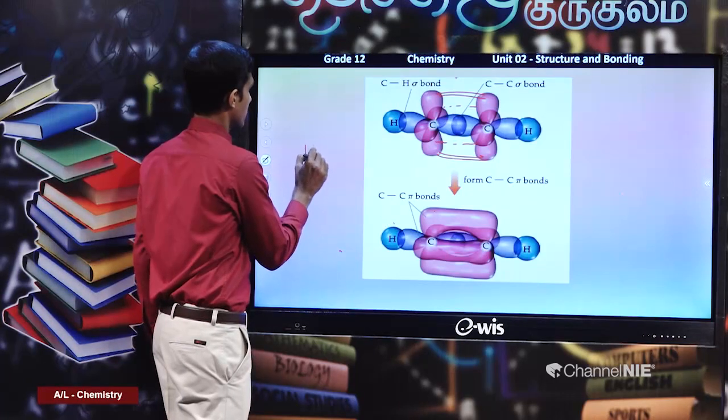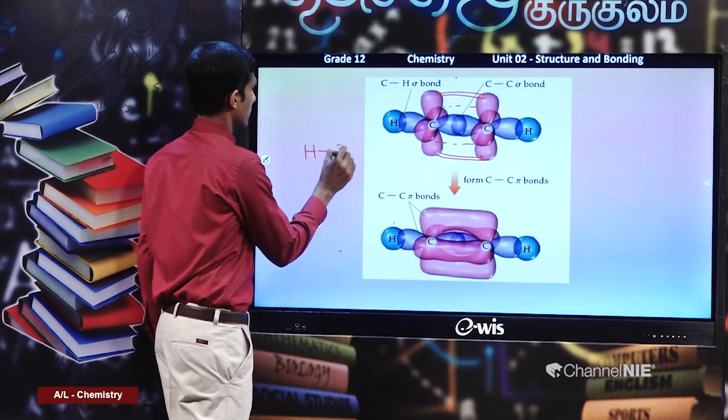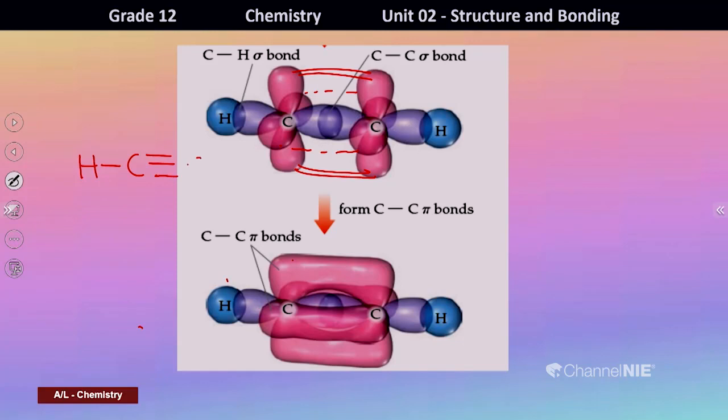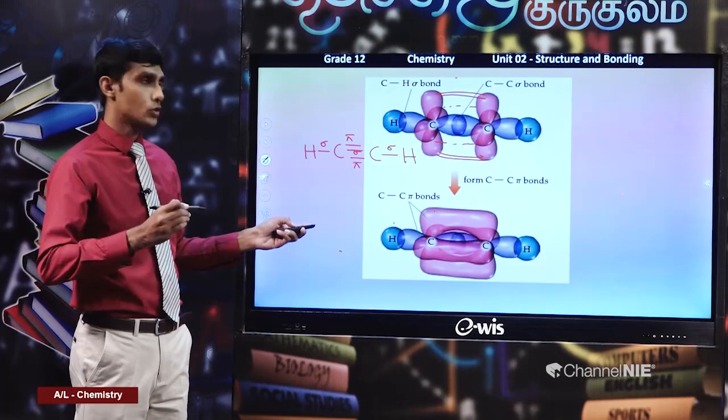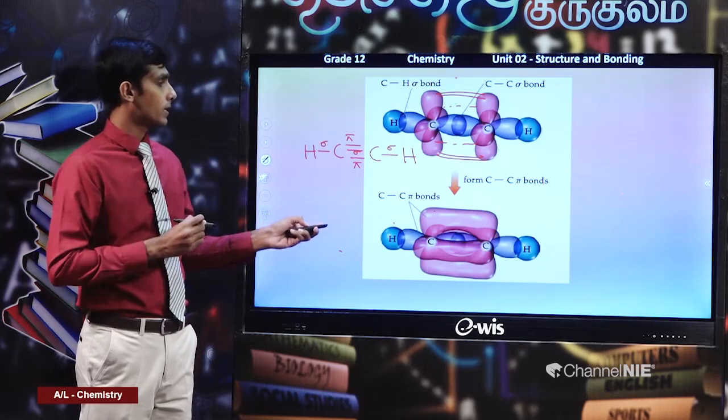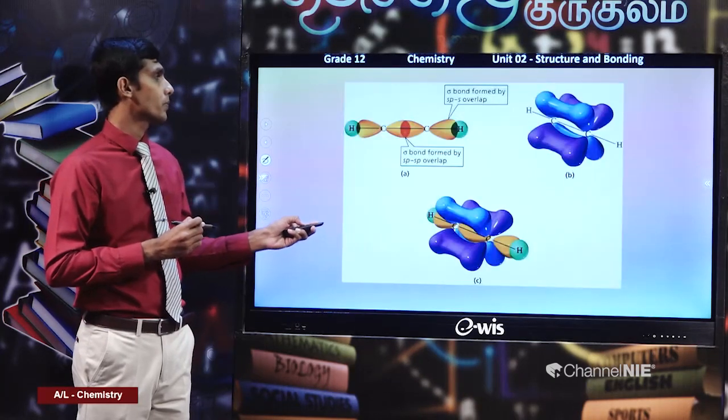This is what we represent using the Lewis structure like this. There you have two pi bonds and one sigma bond. In the triple bond you have two pi bonds and one sigma bond. So, that is the idea of sp hybridization, and one example I gave you, the C2H2 molecule.